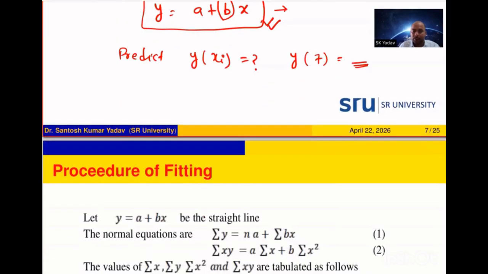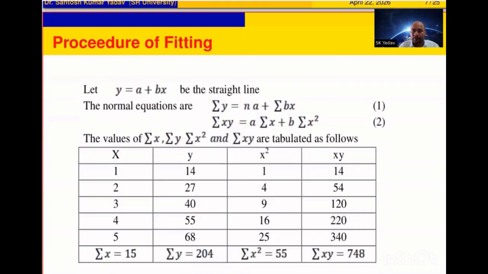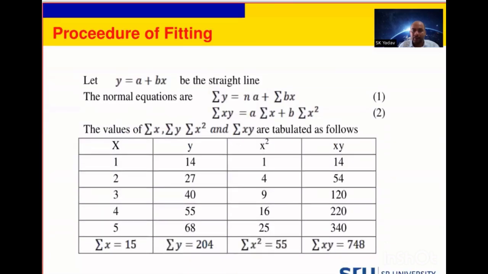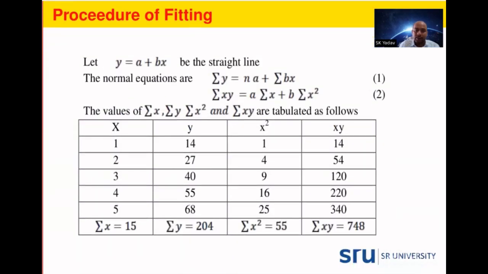So the procedure of best fitting a line I already stated earlier. Now this is the assumed line and these are the normal equations. So I have to compute summation of y, summation of x and summation of xy. So x is given, y is given, x square is computed, xy is computed, and summation is taken here.